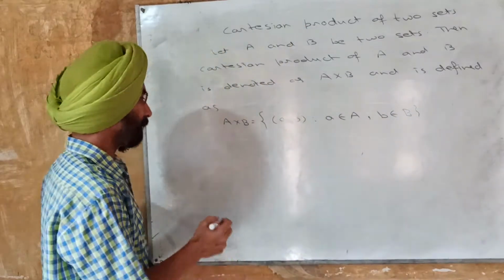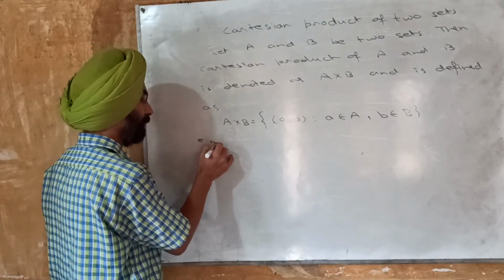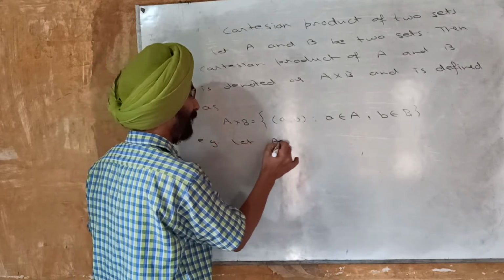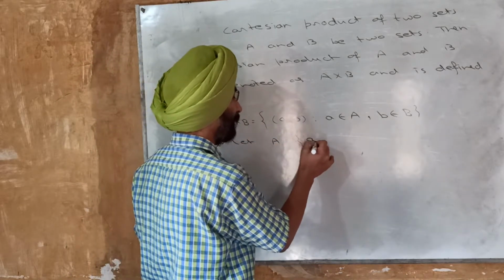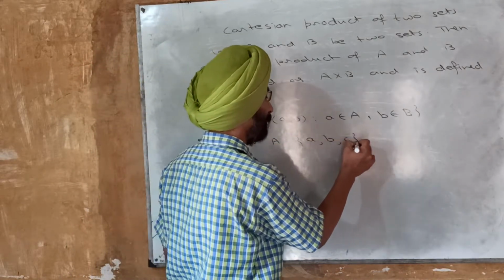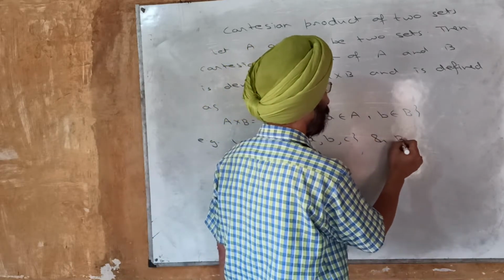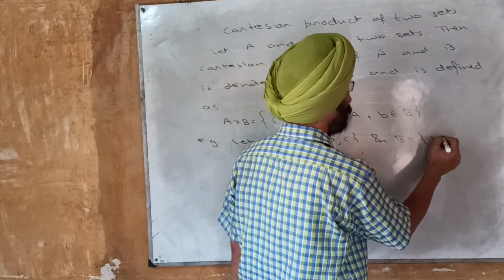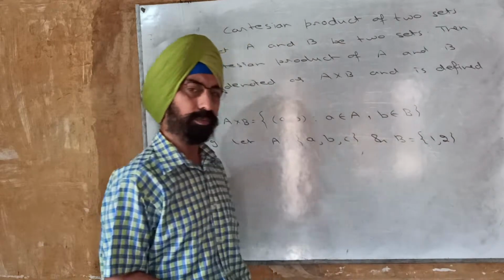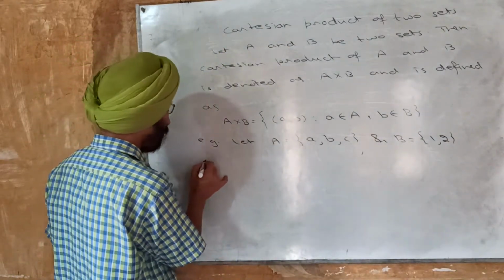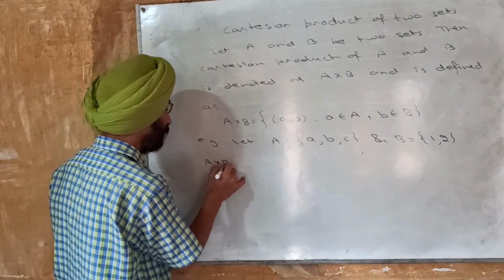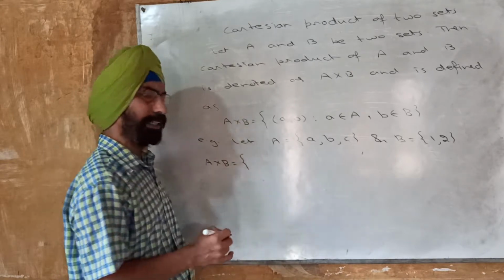For example, let A be the set containing three members a, b, c, and let B be a set containing two members 1 and 2. Now, if we write A cross B, what type of elements will be there?